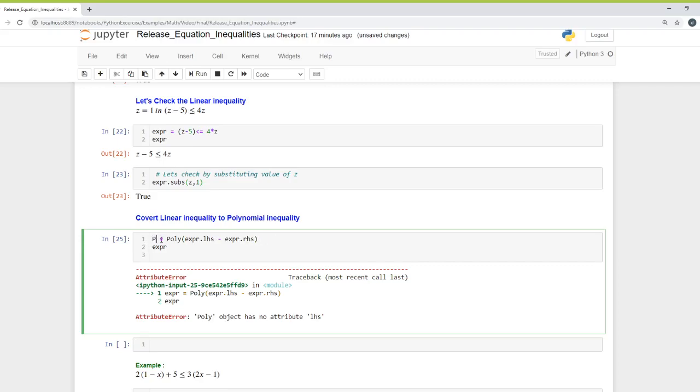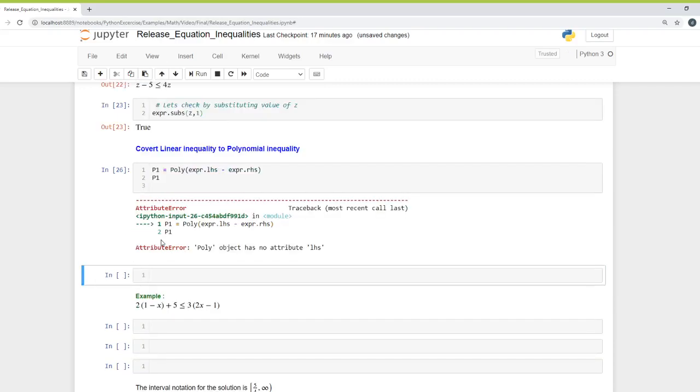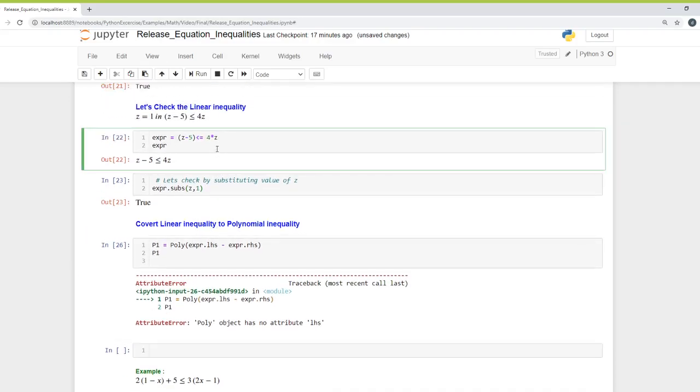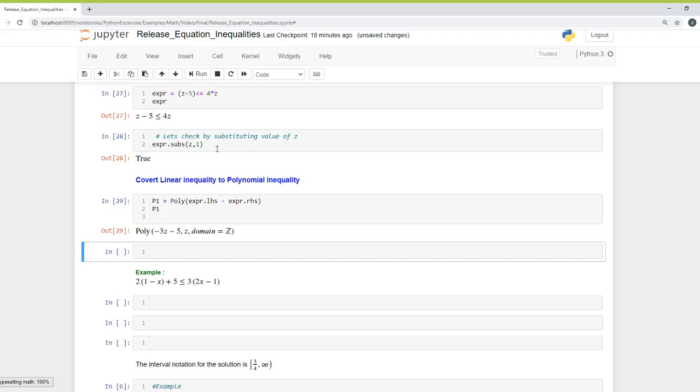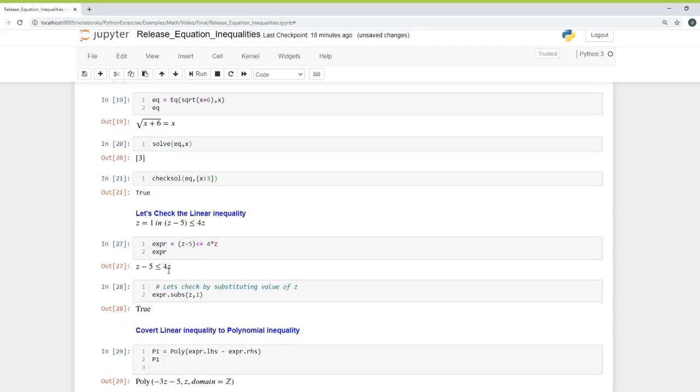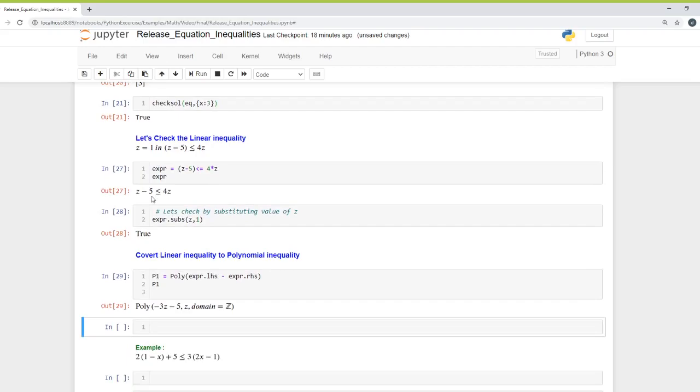So here we will take p1, shift enter. Poly object has no attribute lhs. Our expression is this, and now it is minus 3z minus 5. That means z minus 5, and we take the right hand side to the left hand side by subtracting it, so it becomes z minus 5 minus 4z, that means minus 3z minus 5.